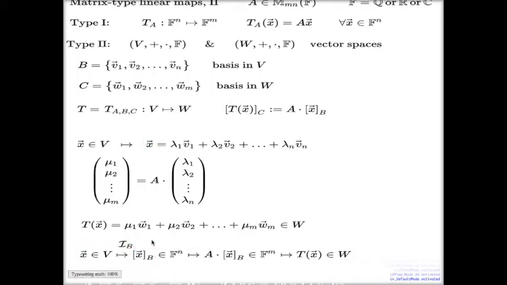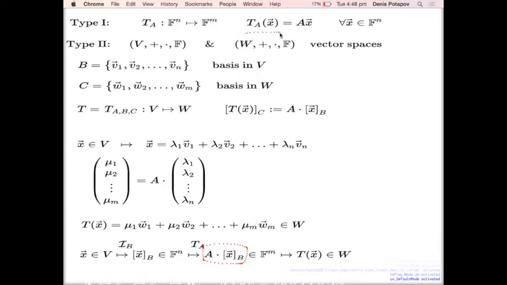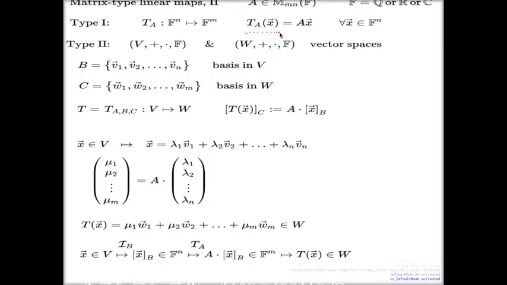This is the map we called I_B in the slide before. Then this result is taken to the matrix product. This is the map T_A, a first type matrix map. And then the result is taken into W. This is the map J_C from the slide before. So in fact, these three stages are a combination of the I_B map, the T_A map, and the J_C map.